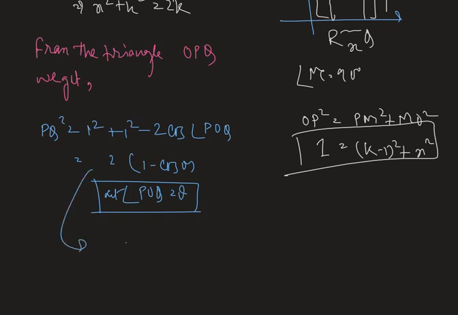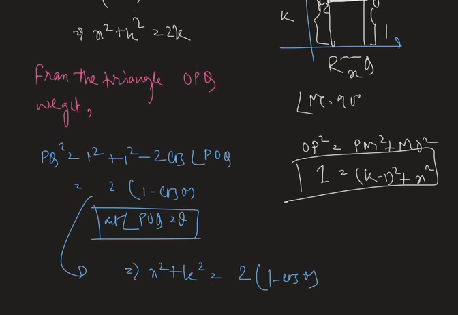Therefore from this we get x square plus k square is equal to 2 into (1 minus cos theta).